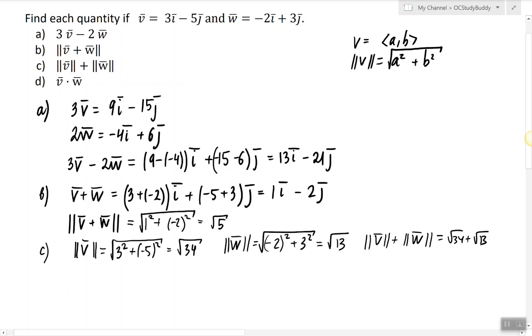Notice how the sum of the magnitudes is not the same as the magnitude of the sum. That's a common fact.